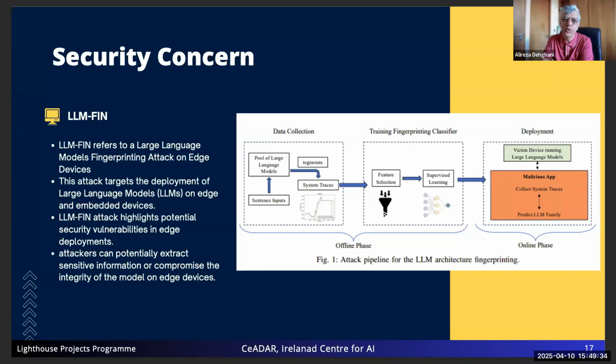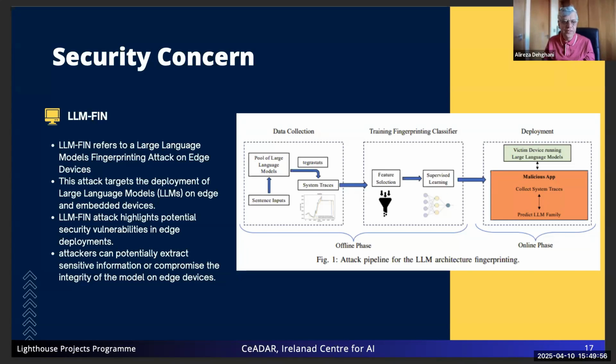No, it is not a tool to protect you. It is a tool that helps you to attack. Okay, so you may wonder why you are providing something to help attackers. It is a tool for researchers to investigate your LLM at the edge application.